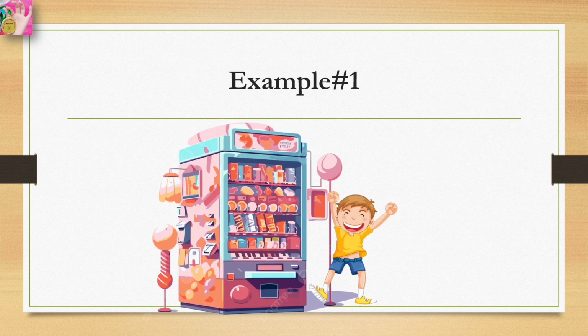Now, let me share some examples which will help you understand the topic more quickly. Here's a classic example. Imagine a child who wants a candy from a vending machine. Sometimes when they put in a coin and turn the handle, a candy comes out as a reward. But other times, nothing comes out, which is no reward. Even though the child doesn't get a candy every time, they will likely continue to put coins in the machine and turn the handle, hoping to get a candy.